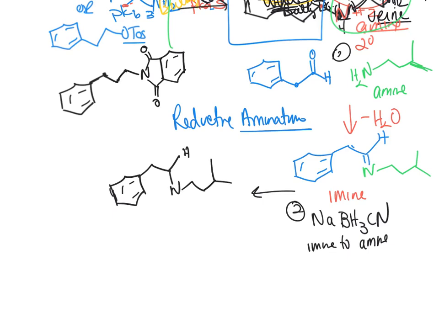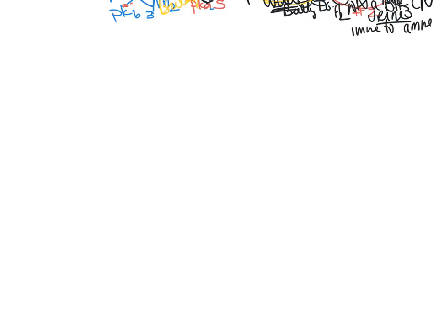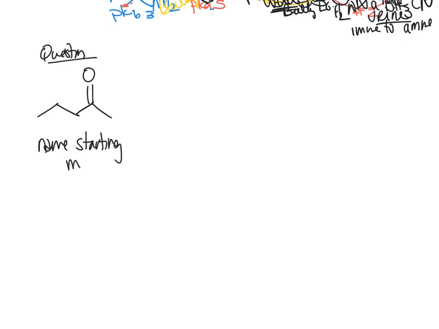Okay, so now for your questions that you will need to work and turn in. All right, so this is your question. Fill in the boxes. So what's the name of this reaction? What's the name of this starting material?